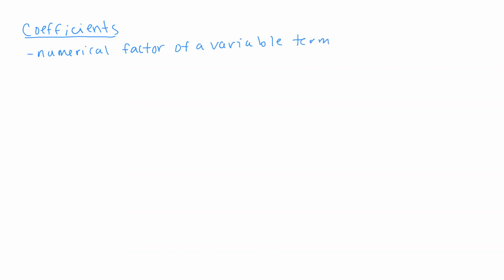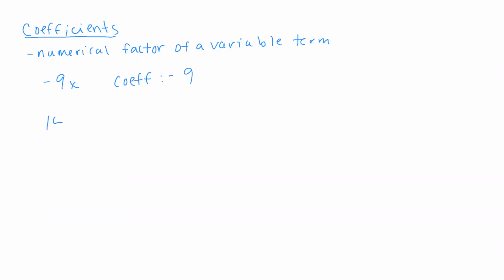So if we had something like negative 9x, we have two factors here. We have negative 9 and x. Remember, factors are things that are being multiplied. And the definition of a coefficient is that it's the numerical factor of a variable term. So the coefficient here would be negative 9.